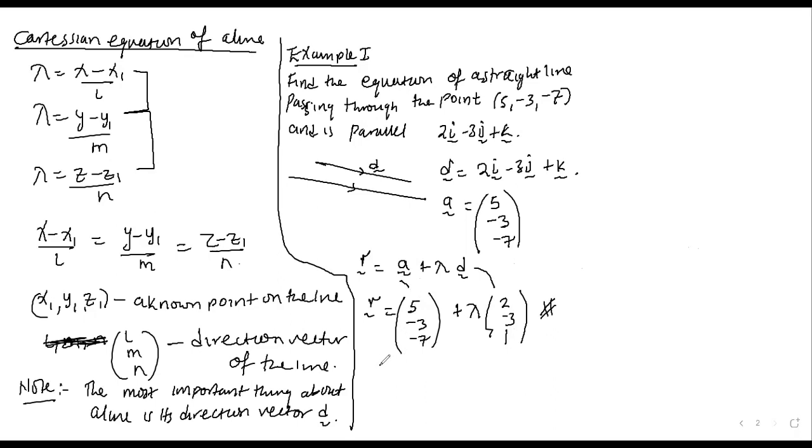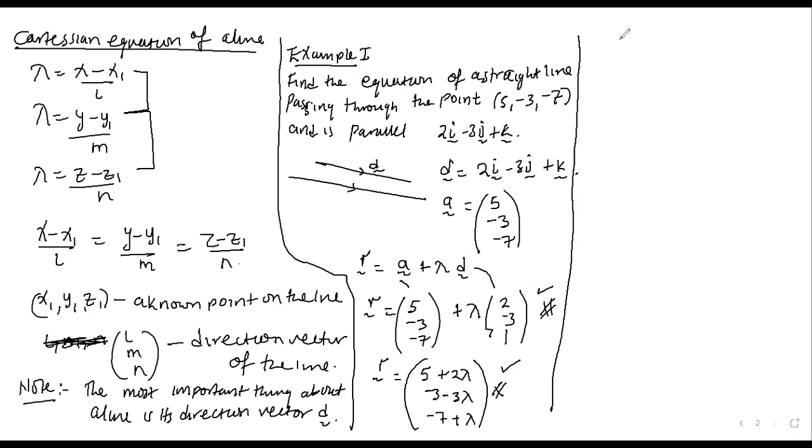You'll find questions set in this form: (5 plus 2 lambda, -3 minus 3 lambda, -7 plus lambda). This is also another correct form. They are all describing the vector equation of a line.